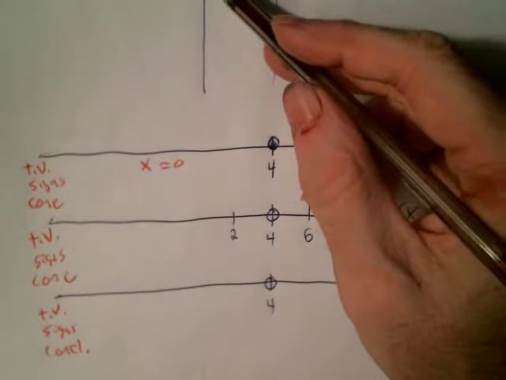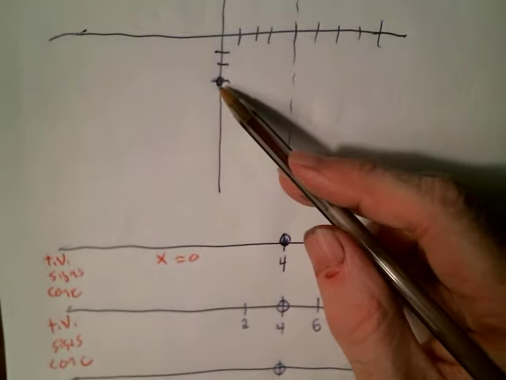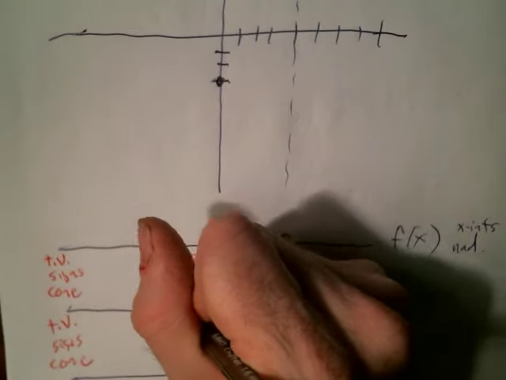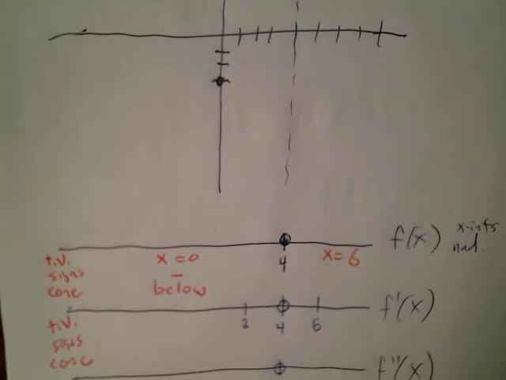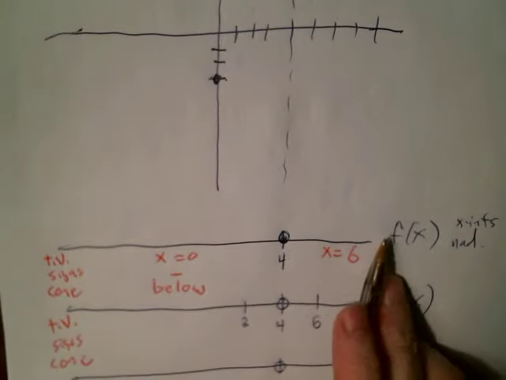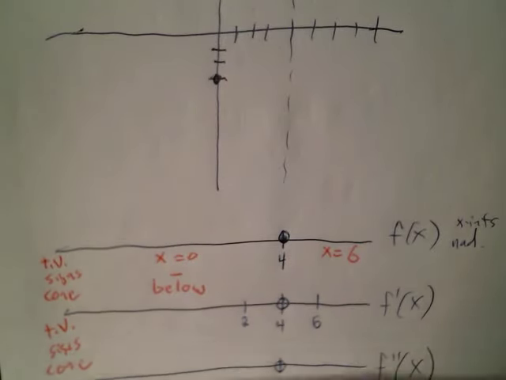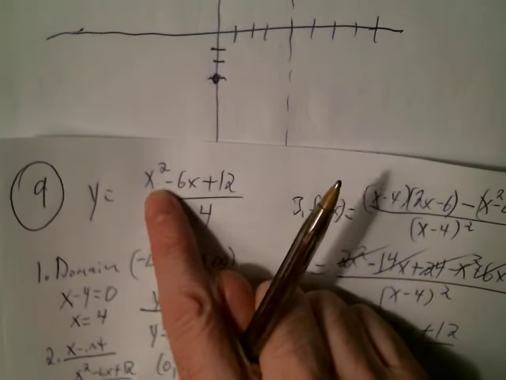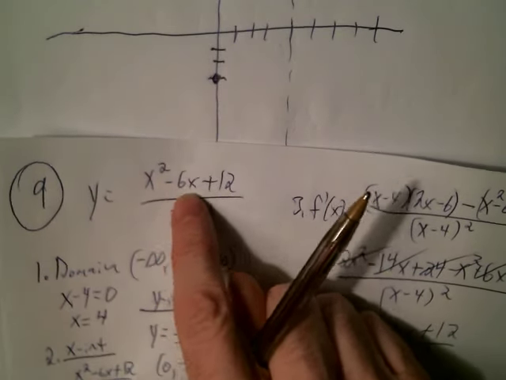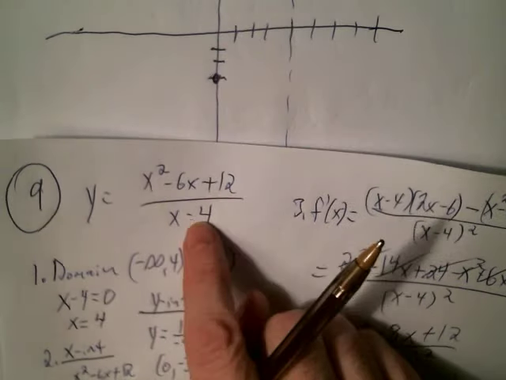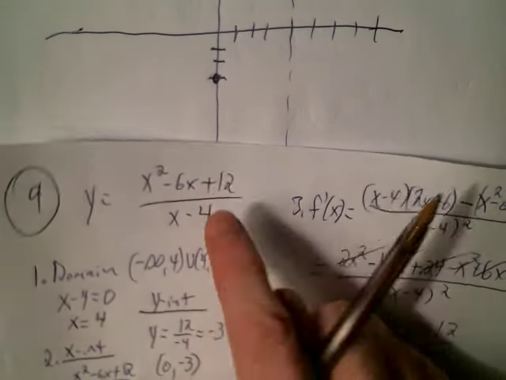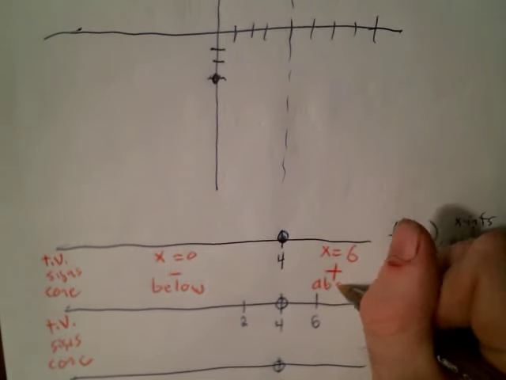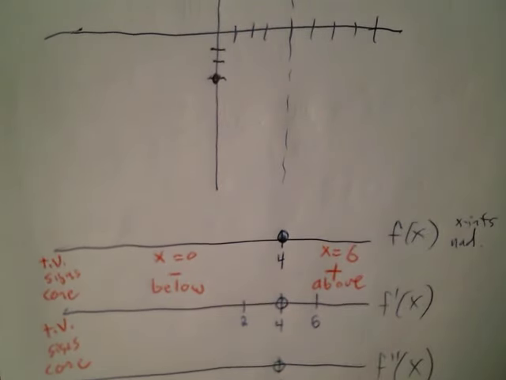At x equals 0, we already know it's negative, because the y-intercept is negative 3. So the actual graph is below the x-axis. At 6, if you put 6 into the original function, it'll be 36 minus 36 is 0, plus 12 is positive, 6 minus 4 is positive, positive over positive, it's positive.